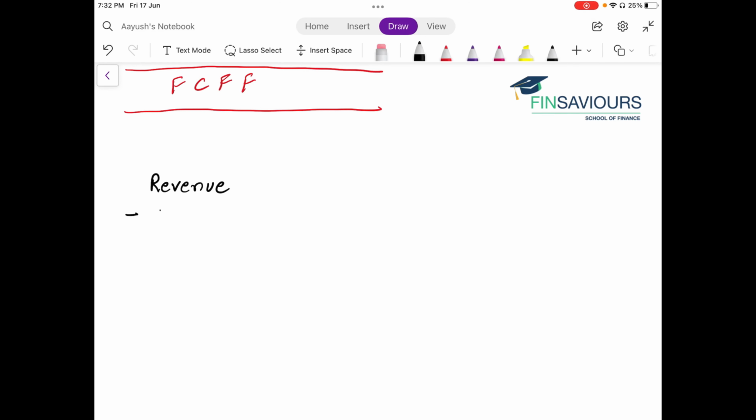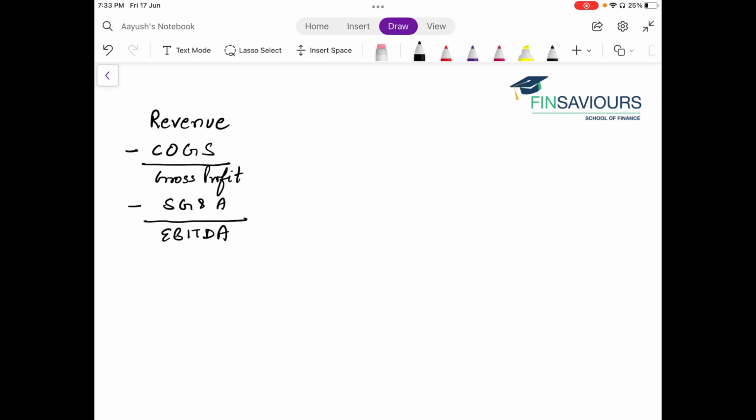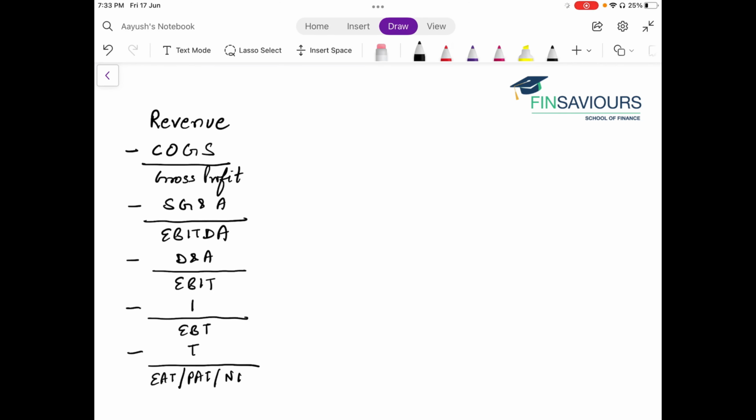So revenue minus COGS gives us gross profit, minus SG&A will give you EBITDA, earnings before interest, tax, depreciation, and amortization, minus depreciation and amortization will give you EBIT, minus interest will give you EBT, earnings before tax, minus tax will give you earnings after tax, or profit after tax, or net income.